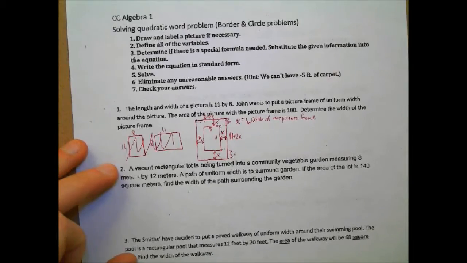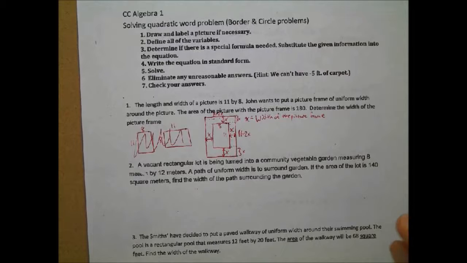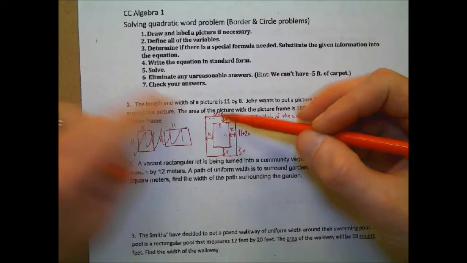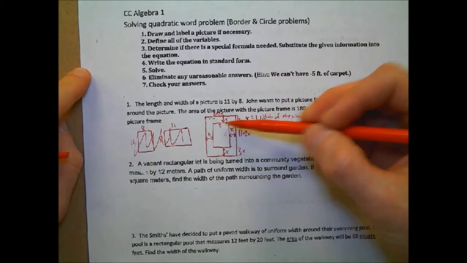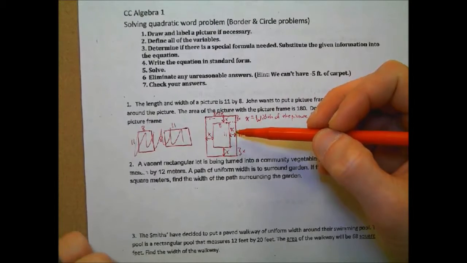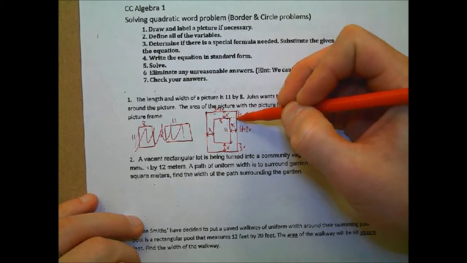I'll zoom in really extreme close-up. But there's not 2 x's on the top, is there? Well, let's take a look. Here's the 8, right? But then to expand to the bigger rectangle, from the 8, I got to go x this way and an x this way. So you see it? There's the 2 x's plus the 8 as well. Okay? So it's x plus 8 plus x, which is 8 plus 2x.